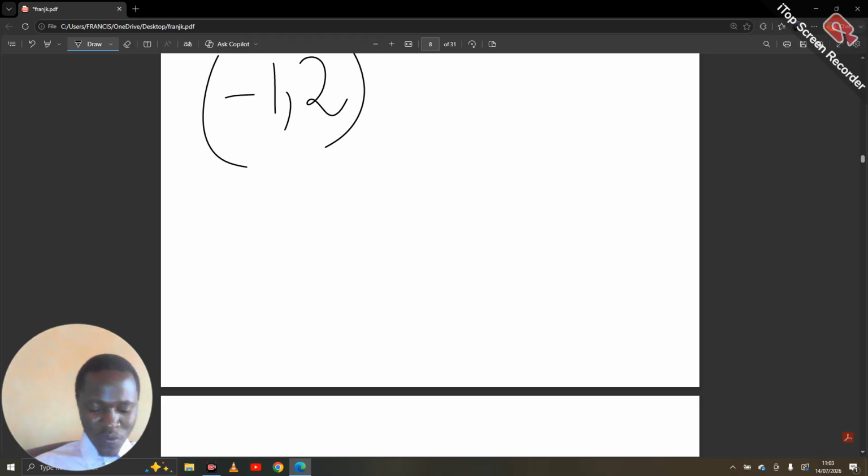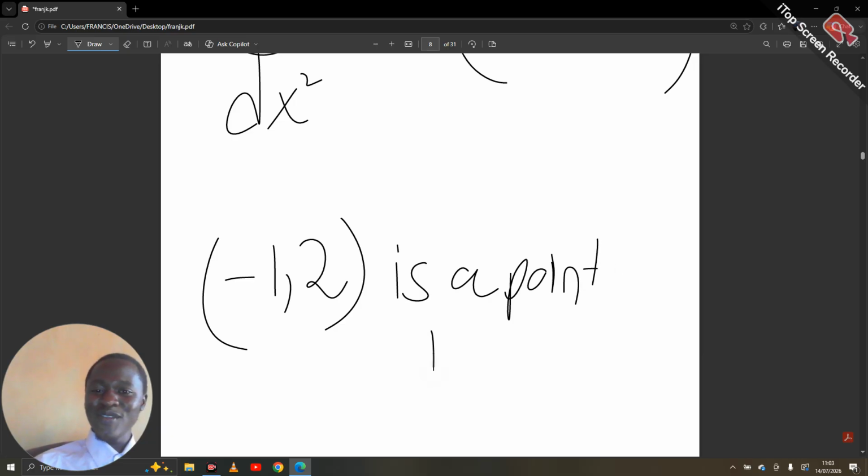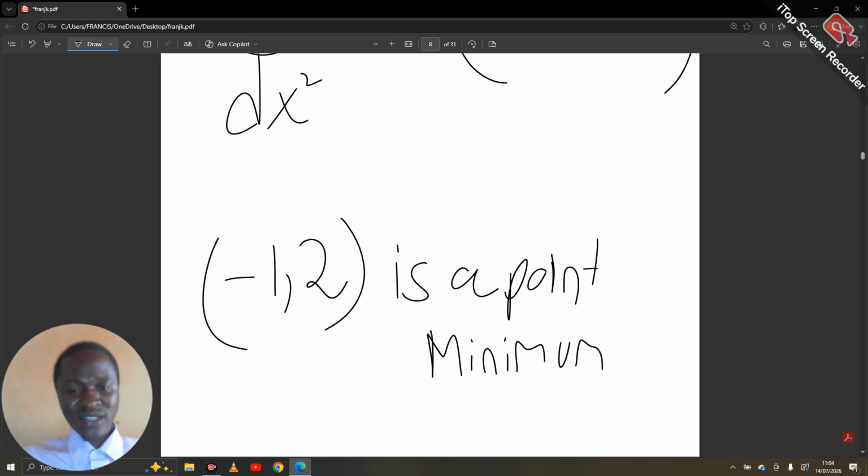Now that means -1, 2 is a minimum point, or is a point of minimum, whatever English you choose. But so long as you have the minimum, you will be marked correct. You'll be marked right. So that is that. -1, 2 is a point of minimum, or is a minimum point.